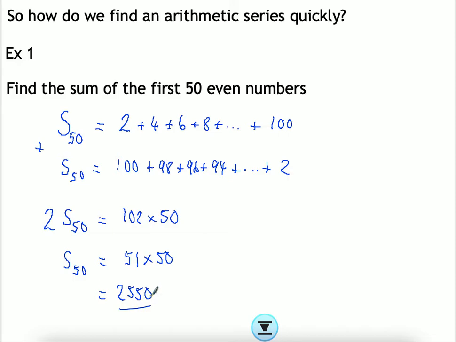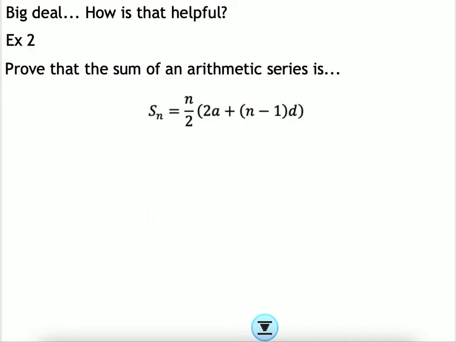Okay, that seems a little bit strange, so we're going to have a look at why that is actually true. We've got the formula in the formula book which we can use. I've not used it here. I'm just going to show you exactly why it works. This is the formula that was in the formula booklet, used to find the sum of an arithmetic sequence, so an arithmetic series, with n terms.